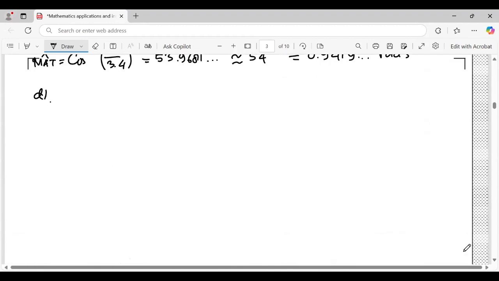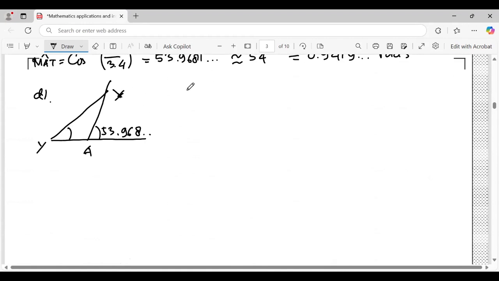Right, so I would like to construct the triangle like this. So this is 35 and this is 53.96, so on. Y, A, and this is X.